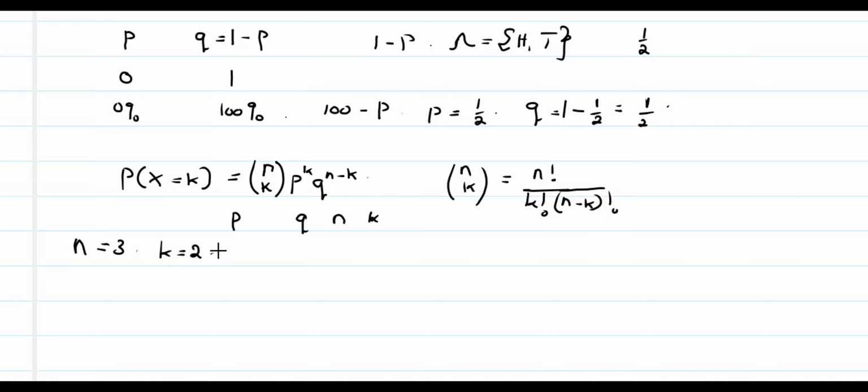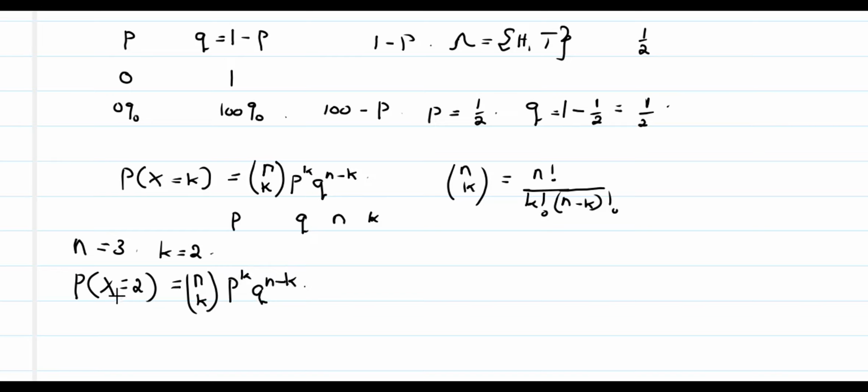So we will say P(X = 2) equals N choose K times P, which is the probability of success, raised to power K, times Q raised to power N minus K.